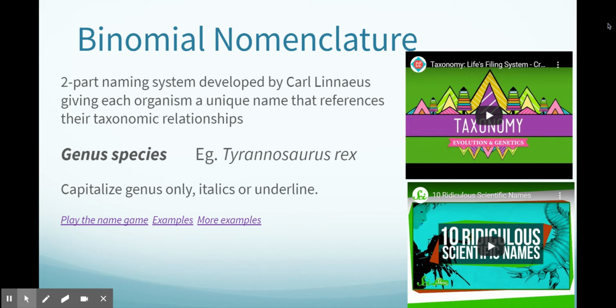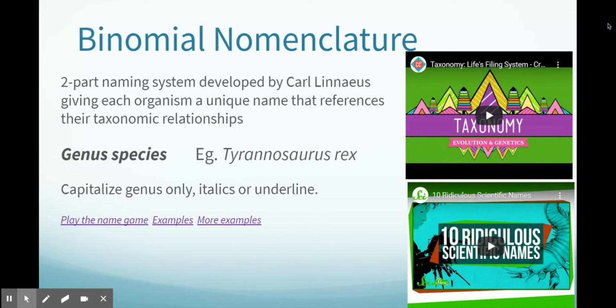They are named giving the genus, Tyrannosaurus or Homo, and the species, sapiens or rex. When we're writing them down, we capitalize the genus name only, so capital T for Tyrannosaurus, and we leave the species name, rex, as lowercase. If you are typing, use underline or italics, and if you're handwriting, an underline will do well.